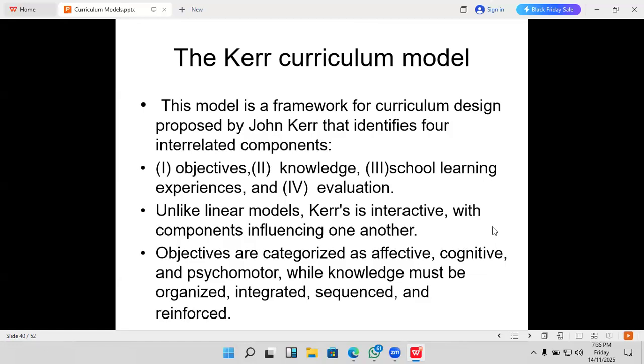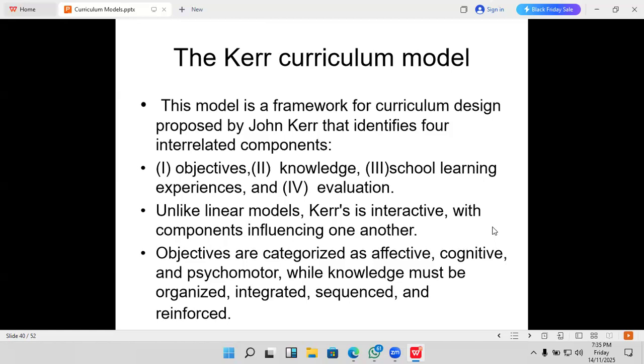This model is a framework for curriculum design proposed by John Kerr that identifies four interrelated components. That is actually not a new thing. The objective, knowledge, different names they use. Some people use content, subject content, experience.